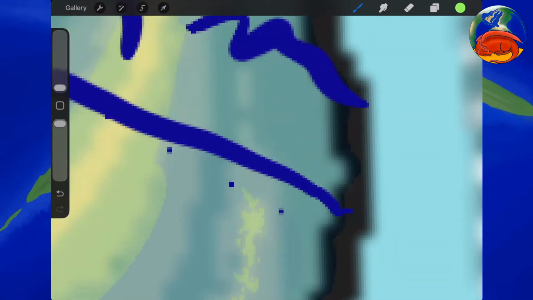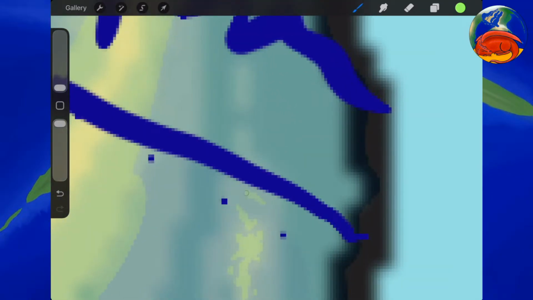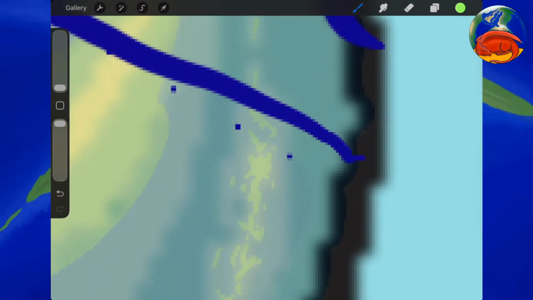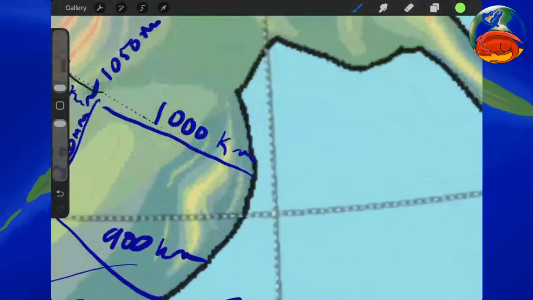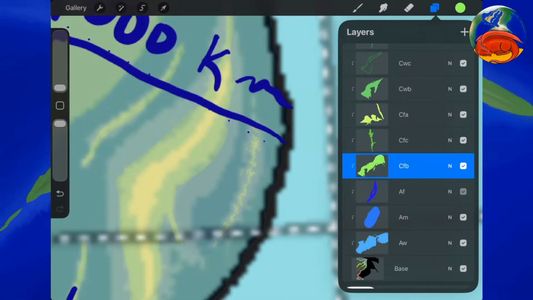Yeah, and I want to keep it going a little bit further north too. Okay, now we're going to throw the AF back on and the AM as well.